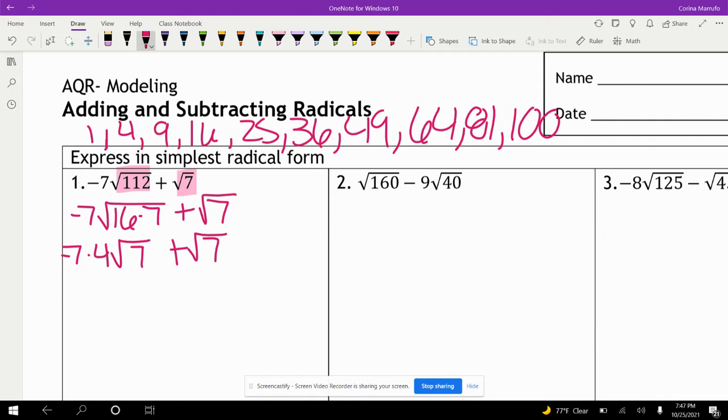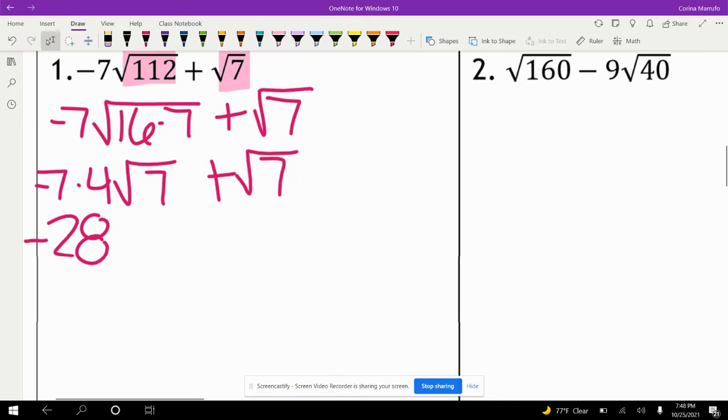So we get negative 7 times 4 and the square root of 7, plus the square root of 7. I'm going to simplify this real quick. Negative 7 times 4 gives us negative 28 and the square root of 7, plus the square root of 7.